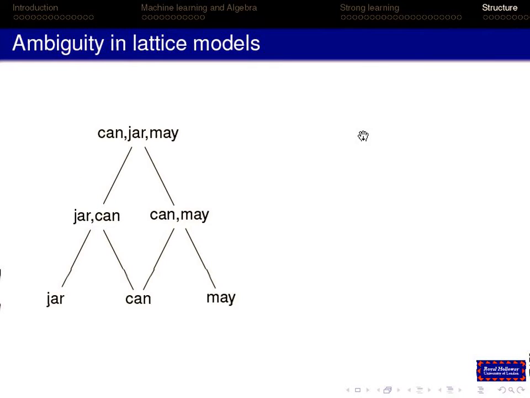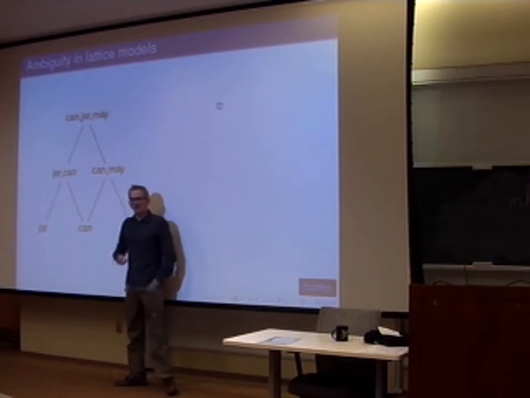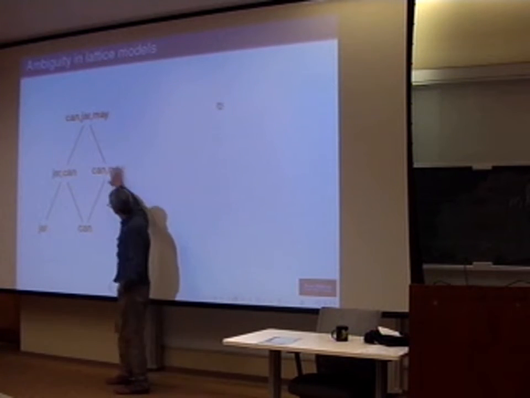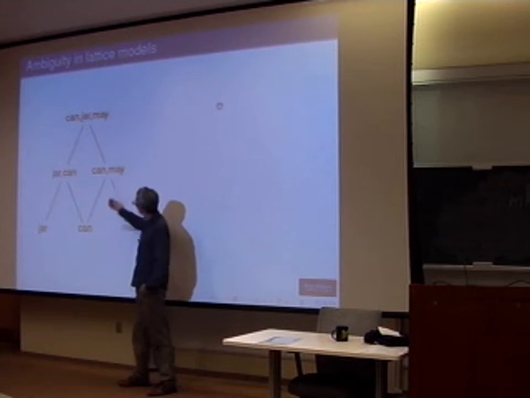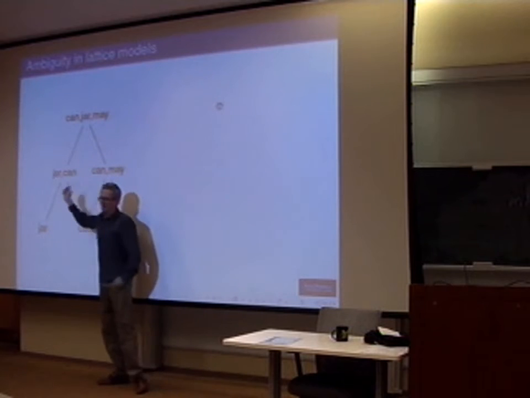If we think of a simple case of lexical ambiguity here, where we have maybe a word like can, which is ambiguous between a count noun and auxiliary, right? We can see in the lattice there's going to be a sequence of elements that correspond to the shared distribution between can and may. They're going to correspond to things like auxiliaries and count nouns.